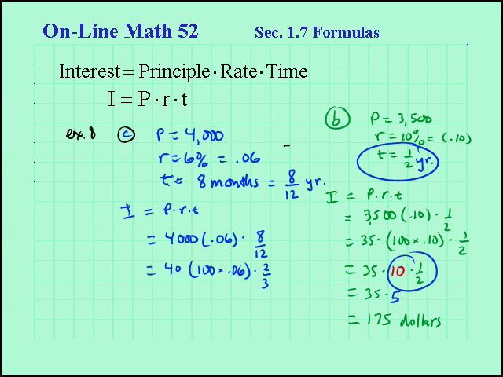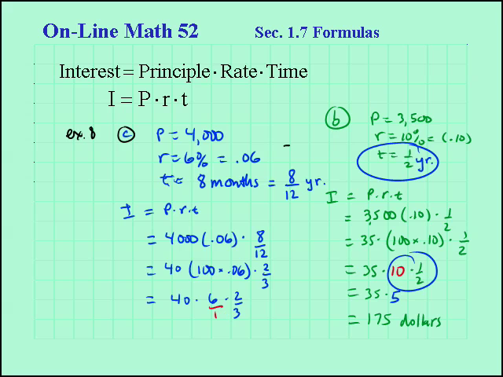And so what we're looking at is 40 times, and the 100 times 0.06 is just 6, moving the decimal place 2 spaces. 6 times the 2/3. Now, what I'm going to do is think ahead and recognize the 3 and the 6 can divide out.